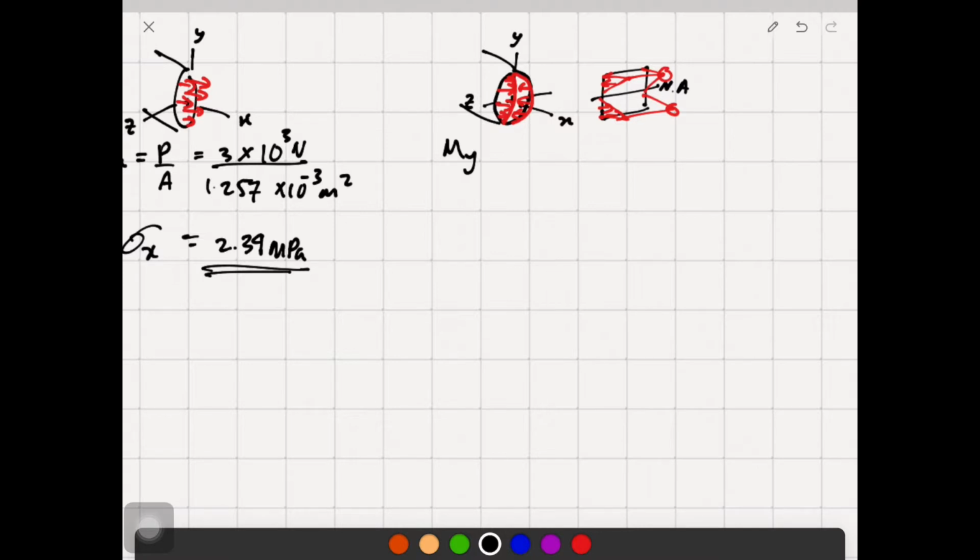So it is equivalent to the force in z direction times x. The moment is what we have before, 1 kilonewton times 0.25 that we listed down before, right?